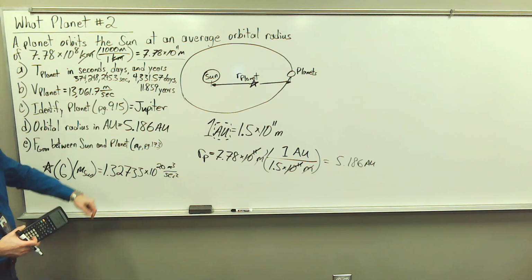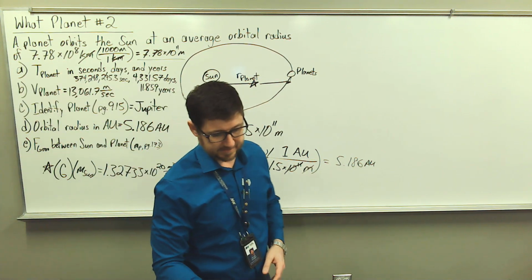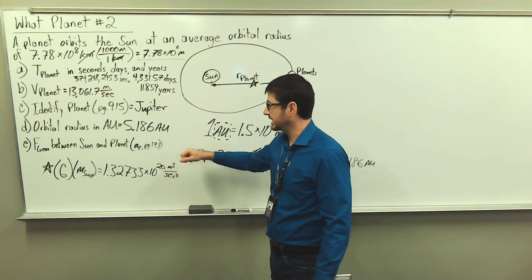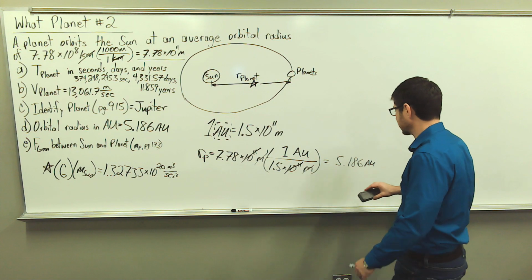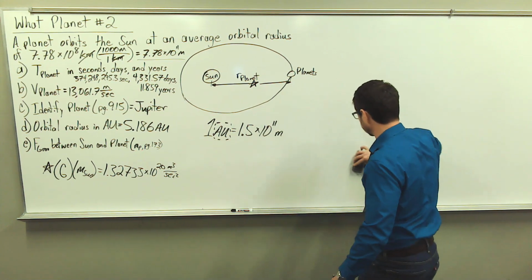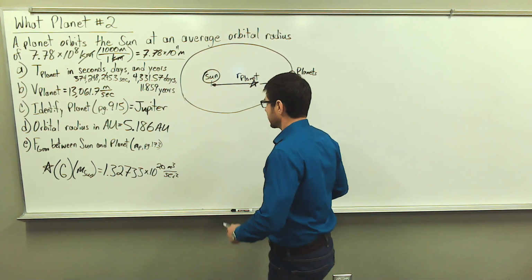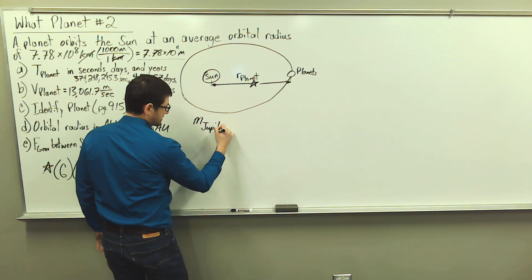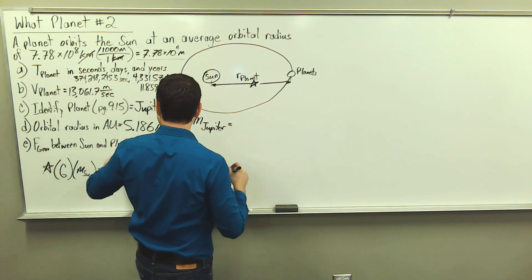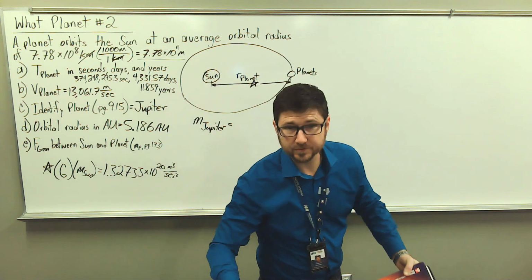All right, in part E, it wants us to calculate the force of gravitational attraction between the Sun and our unknown planet. And it tells us that we need to take a look at page 173. That's where the masses of the planets are listed. So I'm going to free up some room here. So the mass of Jupiter. Let's take a look at page 173.